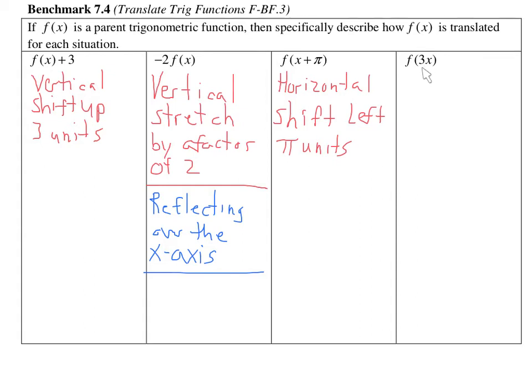What this is saying is you have 3 times as many cycles in your normal 2 pi period. You could think of that as squishing a whole bunch more in the same space as before. If you're squishing 3 cycles in what normally was 1 cycle, that would be called a horizontal shrink. I'm going to abbreviate this one.